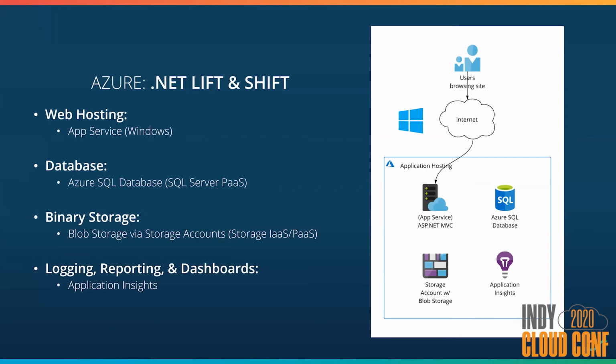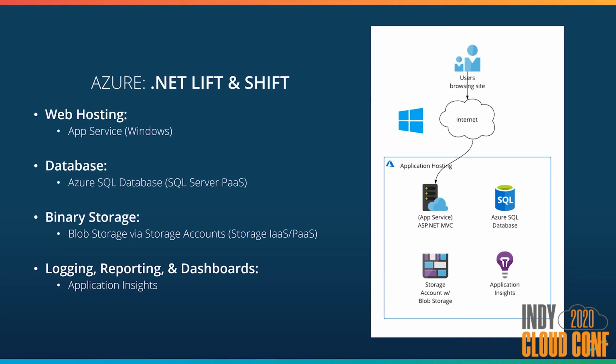In this case, in Azure, though, we've got this thing called an app service. And an app service is really just a different word for a cloud-based IIS application, at least in the context of .NET. So that gives you your hosting for your web application. It's an almost perfect one-to-one analog to IIS in a data center.